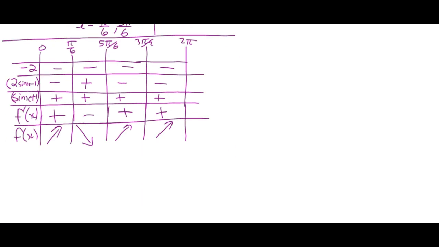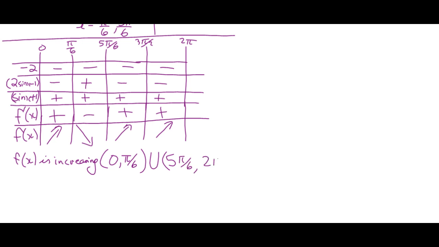Right. So then I'm just going to put in that f of x is increasing from 0 to pi over 6, and from 5 pi over 6 all the way through to 2 pi.